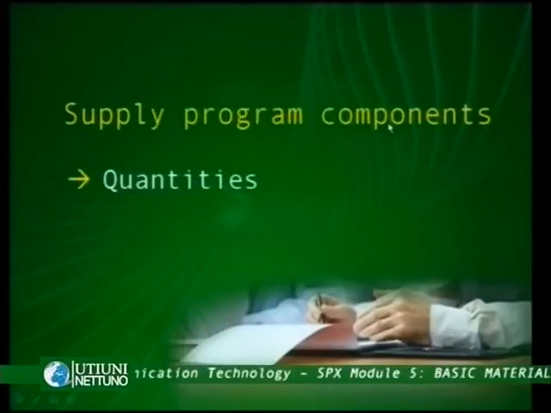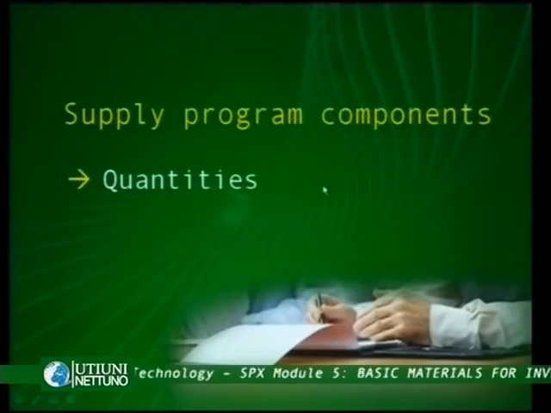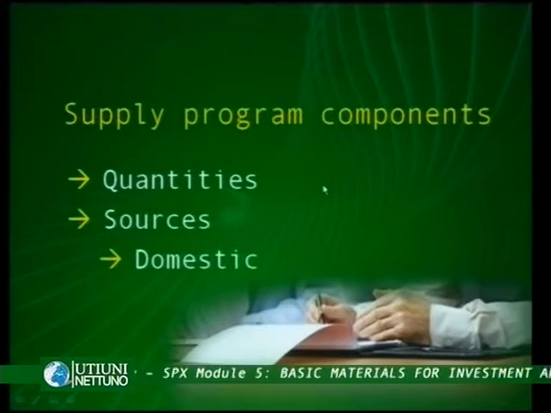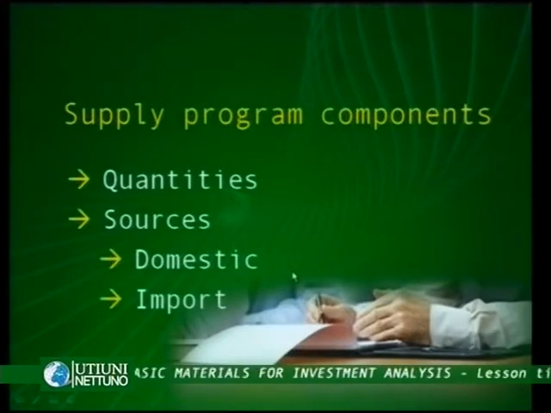So, since suppliers and the materials are an important part of the production process, we should plan them as well as we do with all the other activities. So, we have a supply program components made of quantities and sources. Sources may be domestic or import.